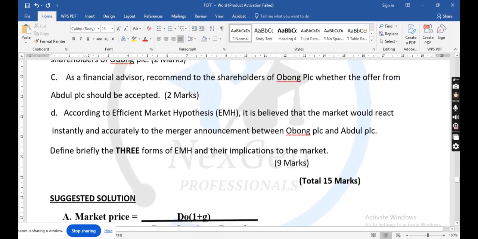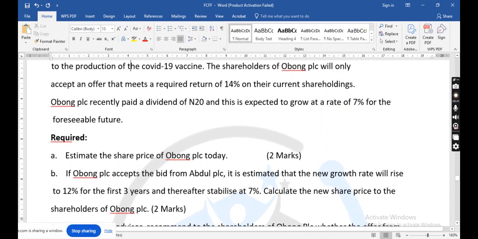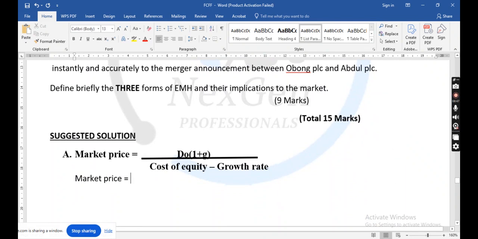Don't forget, what is D0, class? What is D0? Current dividend. That is the dividend. Thank you. That is 20 naira. Open bracket, 1 plus growth rate. The growth rate is 7%, divided by the cost of equity.